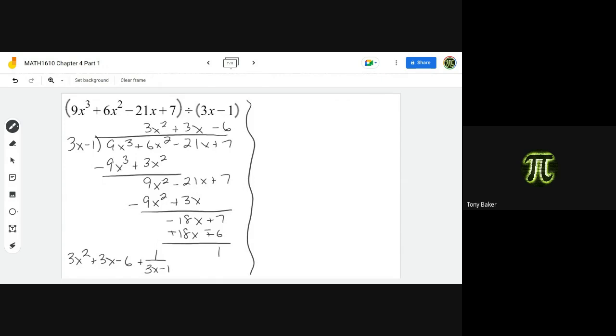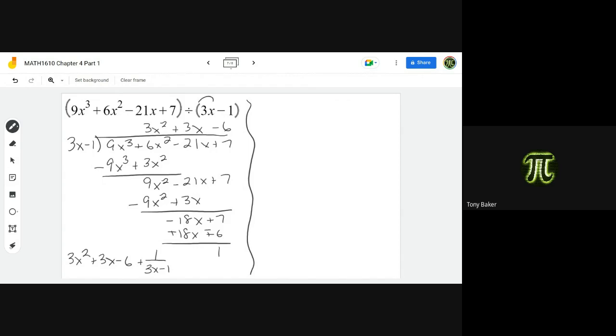That's a very complicated definition of what a linear factor is, but there's a way easier one. There's no exponents in it. Linear means the highest degree of x is 1. So in this case, 3x minus 1 is a linear factor. There's no exponents, so I can do synthetic division with this problem.